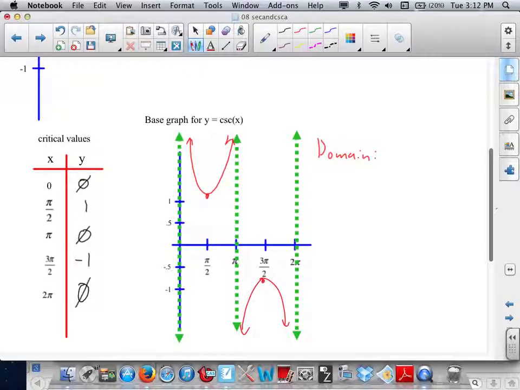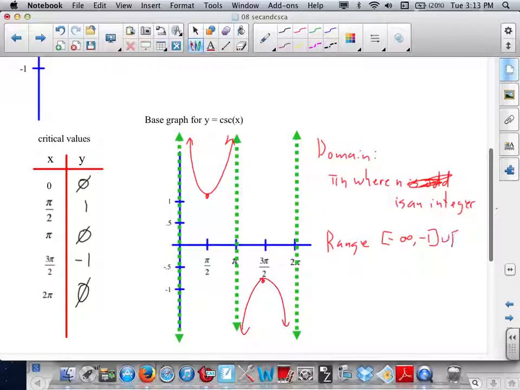That is pi n, where n is an integer, my bad. And the range, same as the other, from -infinity to -1, union 1 to infinity, and the period is 2 pi.